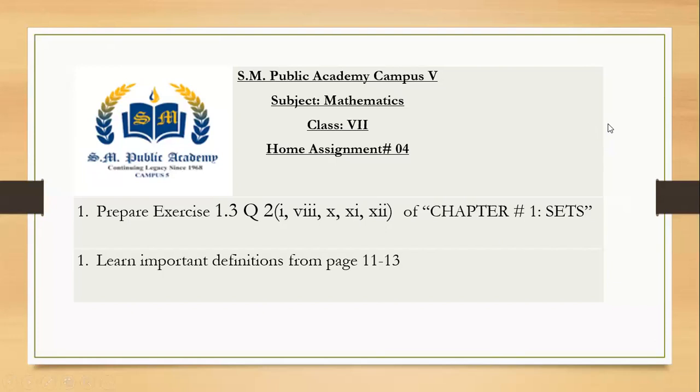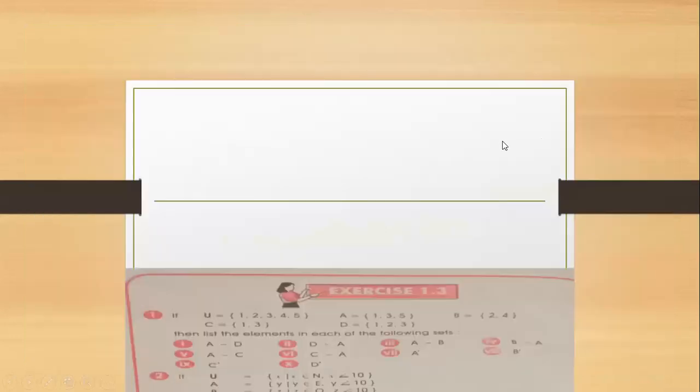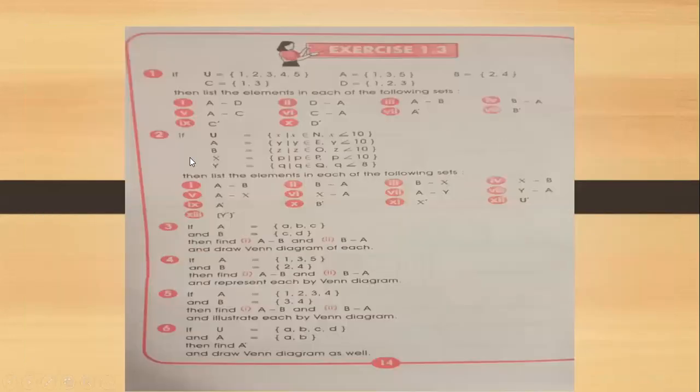Now let me show exercise 1.3 question number 2. Here you can see that question 2 is written in set builder notation. Students, you have to convert it first into tabular form. Here U is the universal set, x such that x belongs to natural numbers where x is less than or equal to 10.